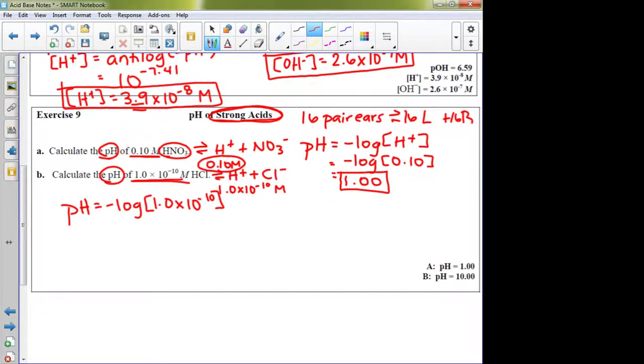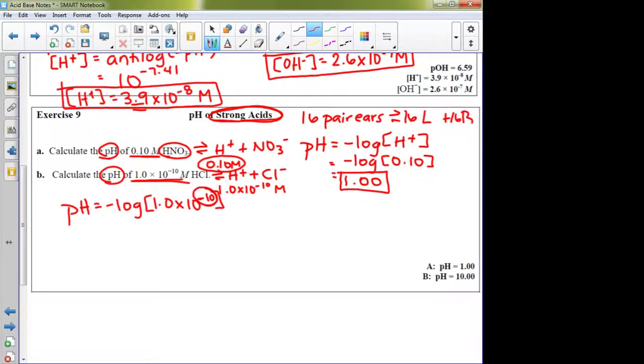Make sure you put a negative 10 in. You should have gotten negative 10, okay? Which is what you raised 10 to, okay?